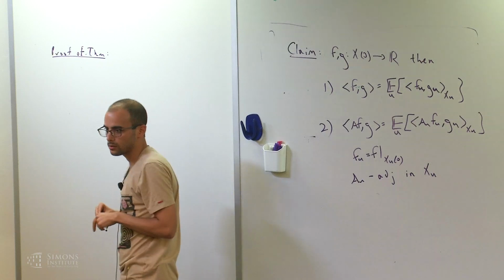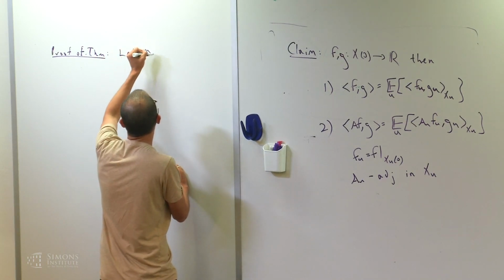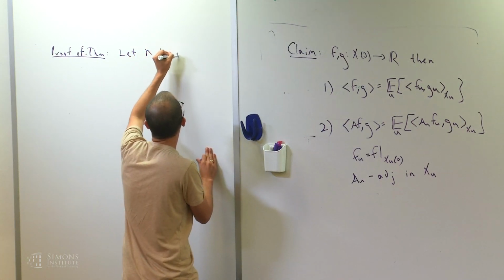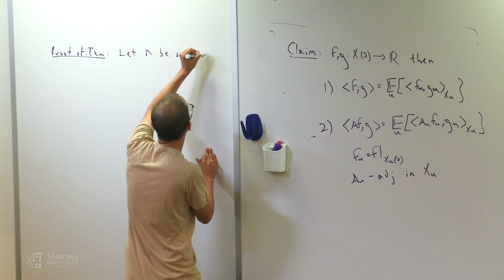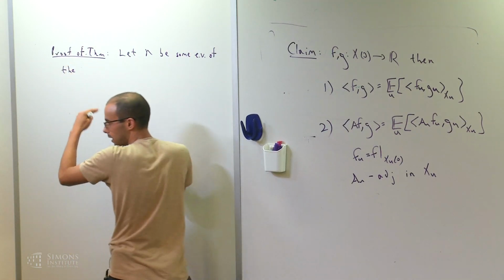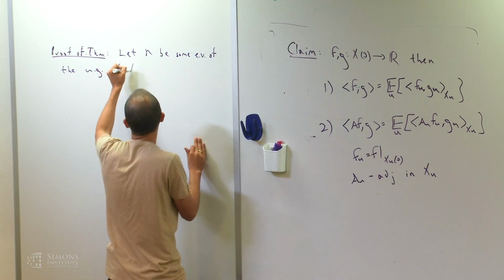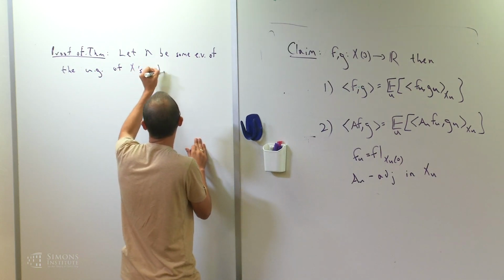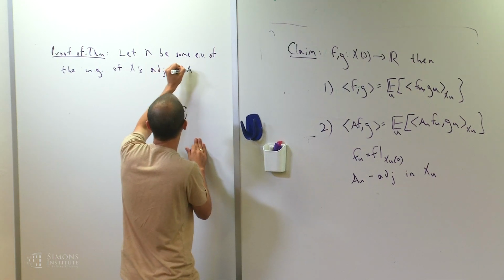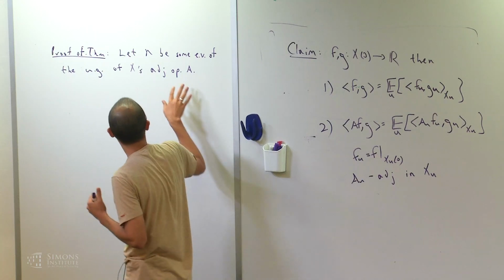Okay, so what do we need to prove? Let gamma be some eigenvalue of the underlying, the global graph of X. Let's call its adjacency operator A. Good.